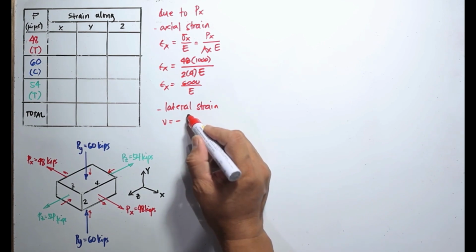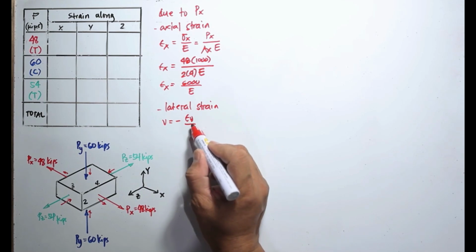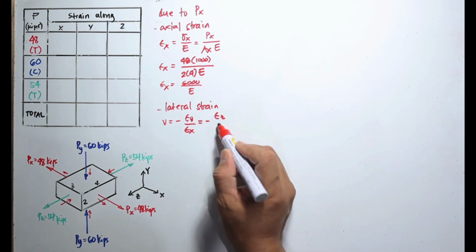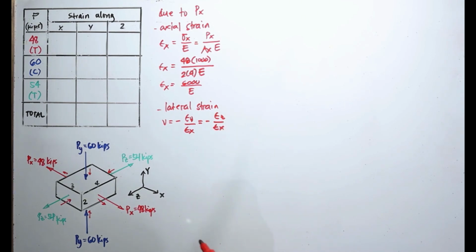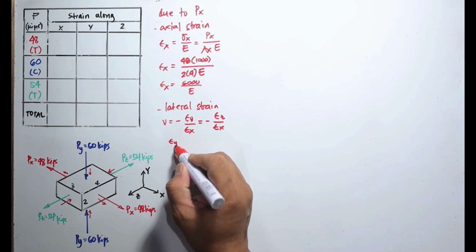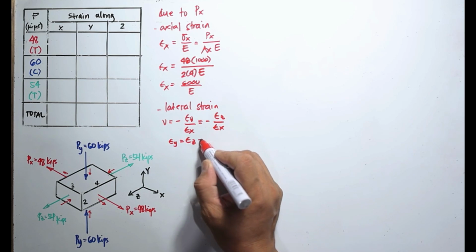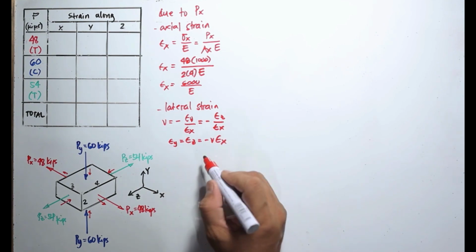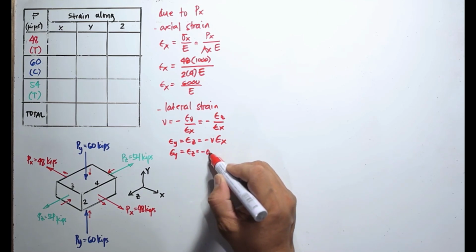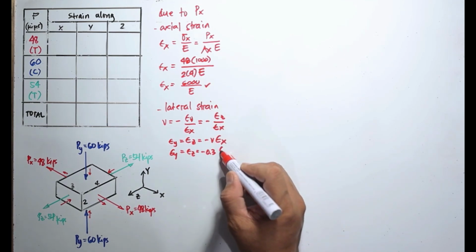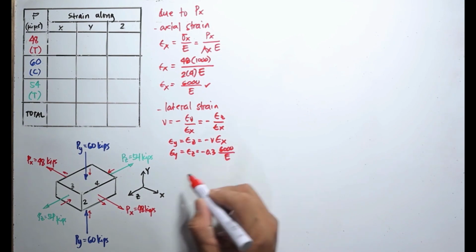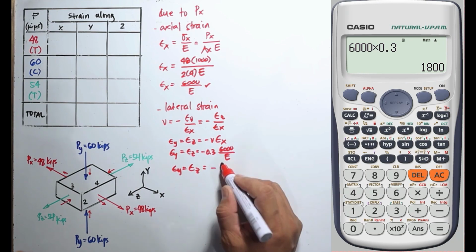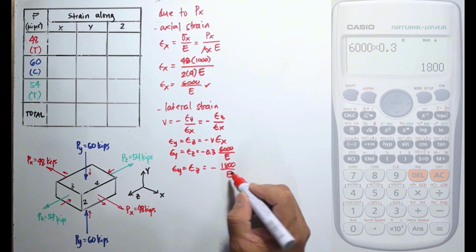So Poisson's ratio is negative strain along Y over strain along X. It's also equal to strain along Z over strain along X. So the strain along Y is equal to the strain along Z equals negative Poisson's ratio times the strain along X. It's minus 0.3 times this one, 6000 over E. 6000 times 0.3 is 1800 over E.